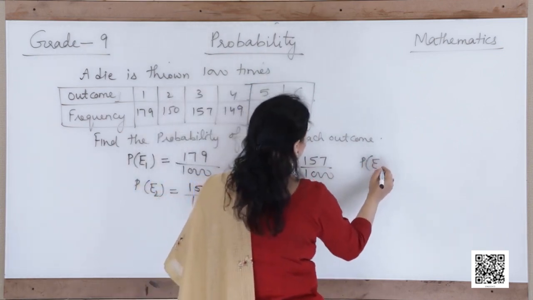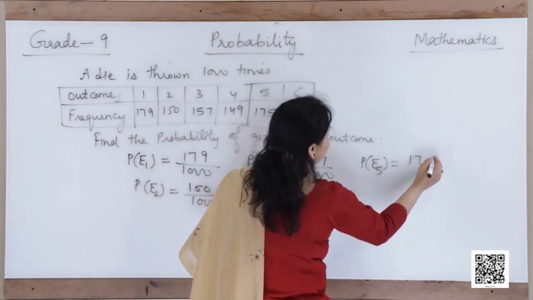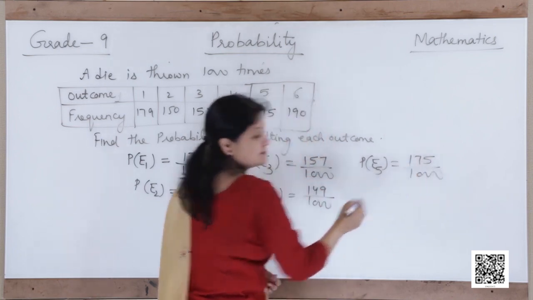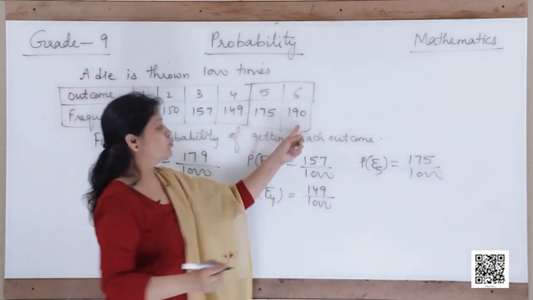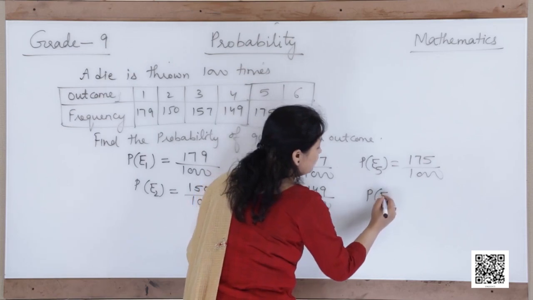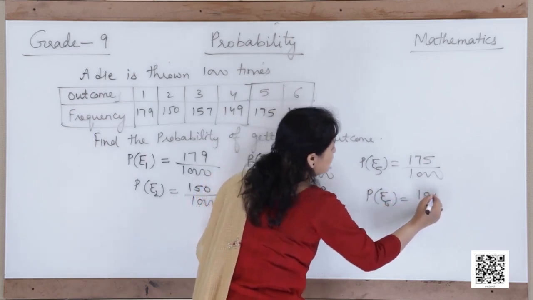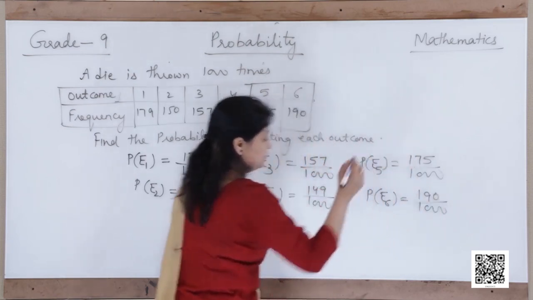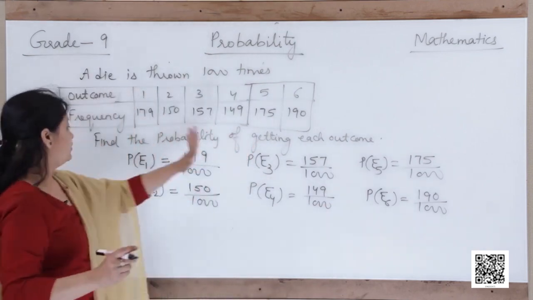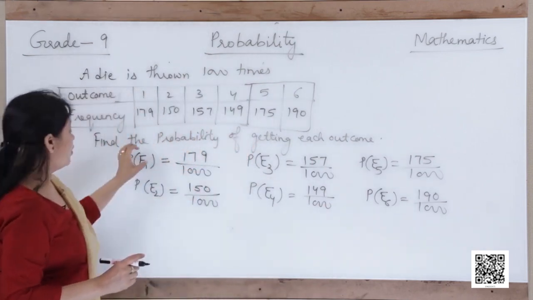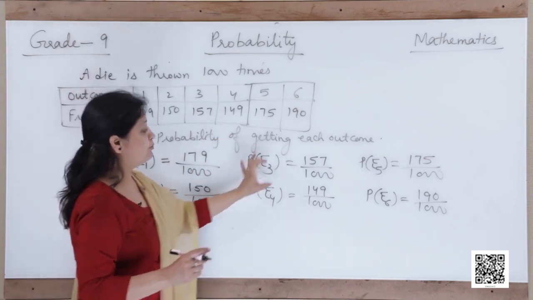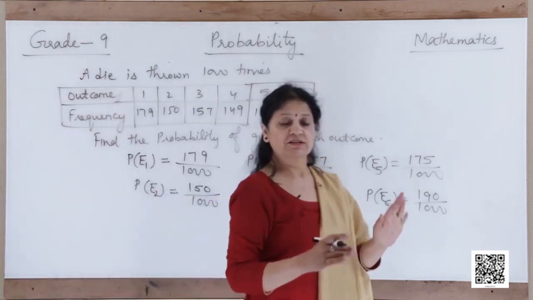Similarly, number 5, E5, it is 175 times upon total is 1000. Number 6 is 190 times. So probability of E6 is 190 by 1000. Now, these are the probabilities of getting number 1, number 2, number 3, number 4, number 5 and number 6.